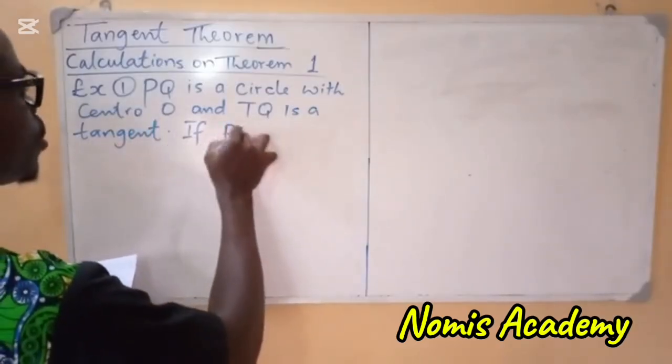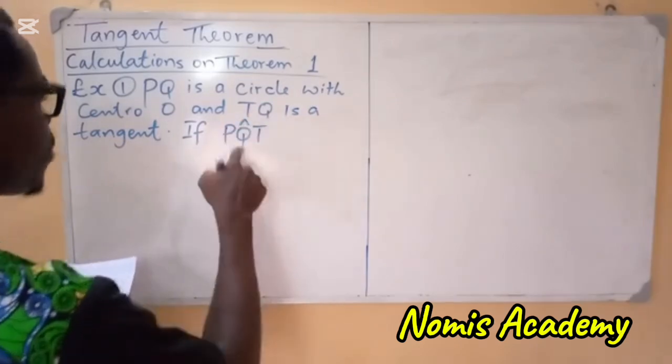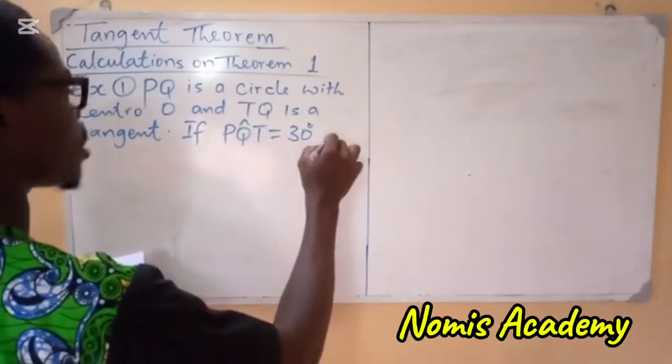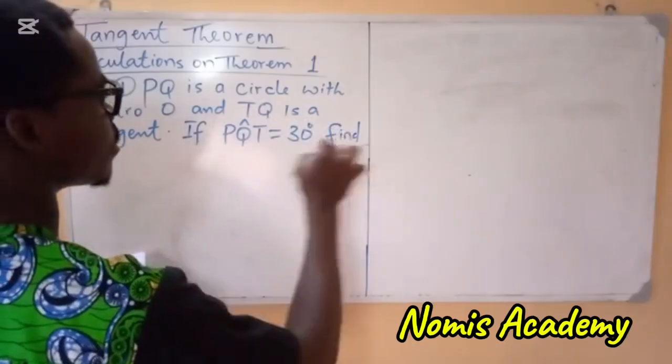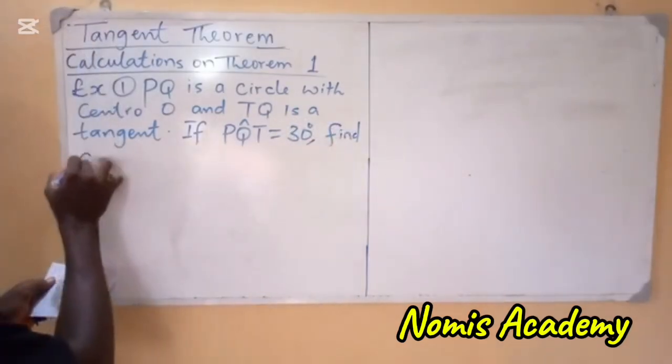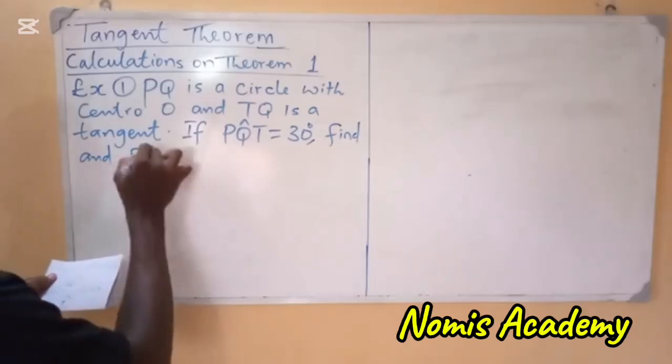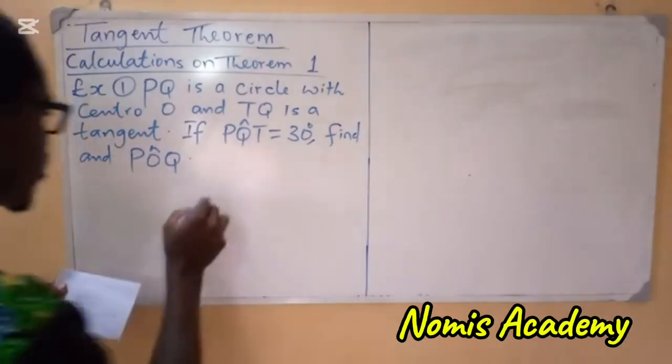If angle PQT, that is the angle at Q, is equal to 30 degrees, find angle POQ. Okay, the diagram is this.